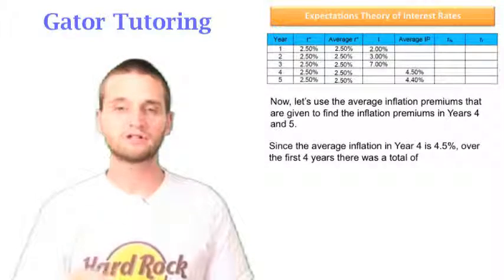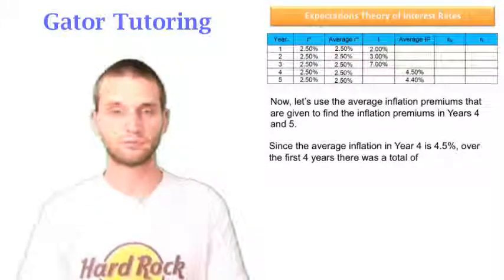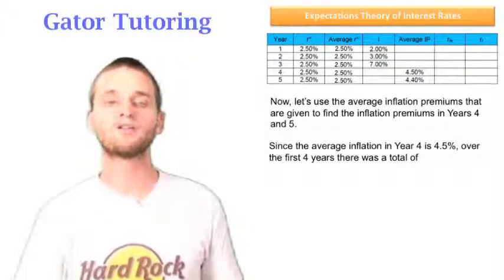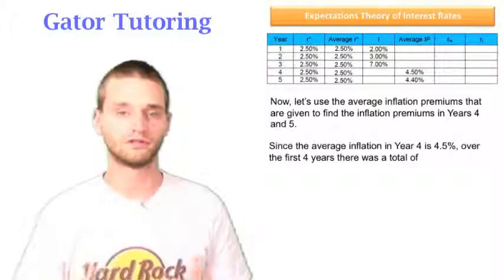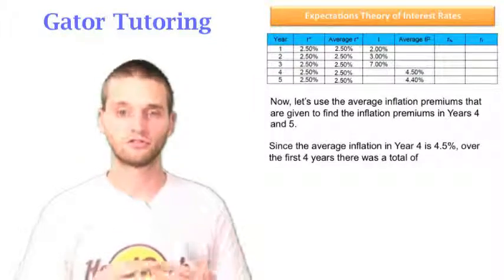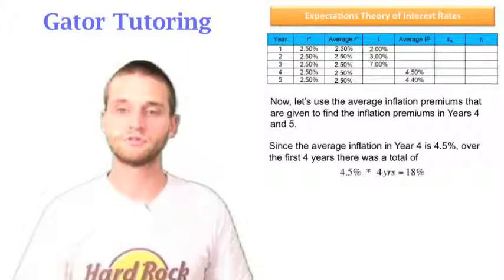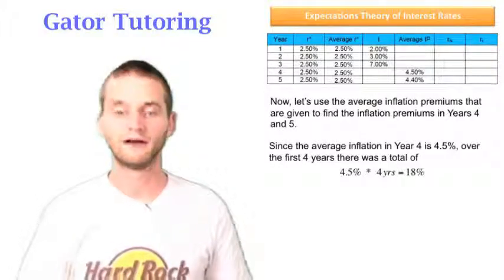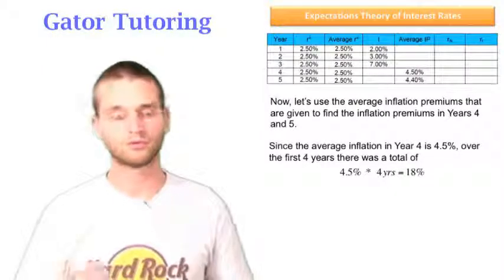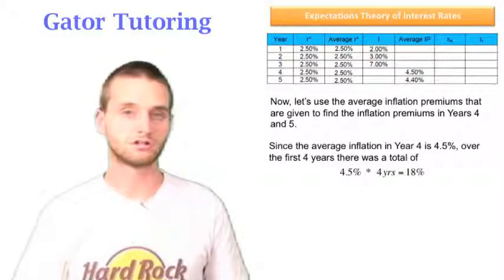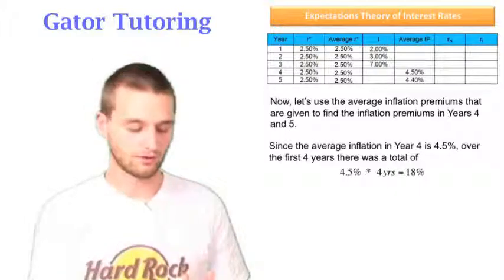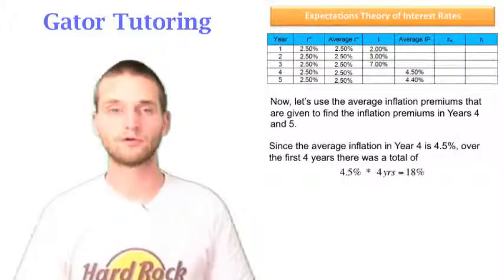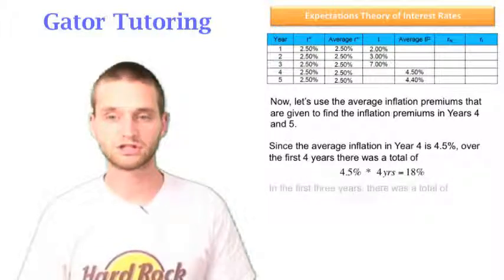So since the average inflation in year 4 is 4.5%, we can find how much total inflation there was in the first 4 years. We just multiply the 4.5% average yearly inflation rate times the 4 years. That means there was a total of 18% of inflation in the periods between years 1, 2, 3, and 4. So all 4 years had a total of 18% inflation.